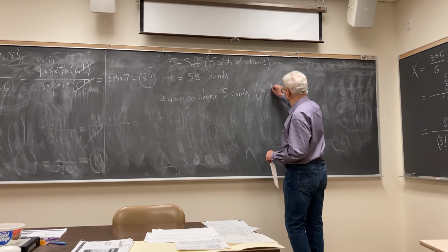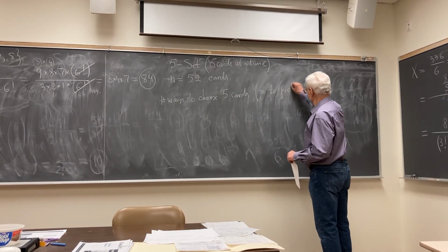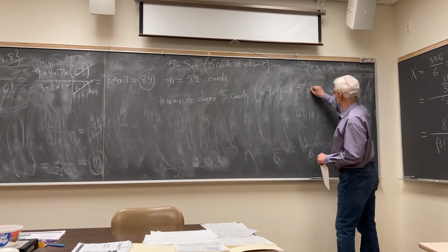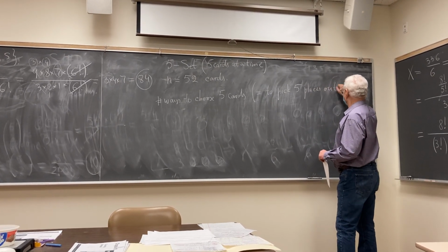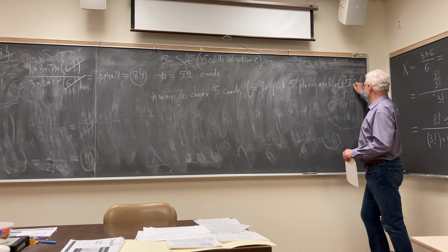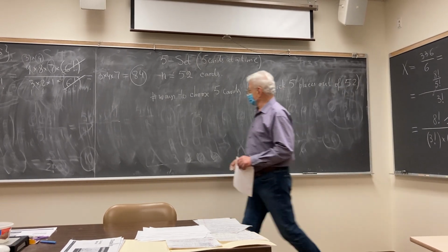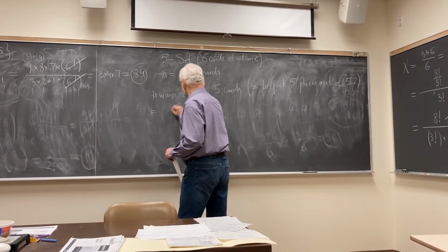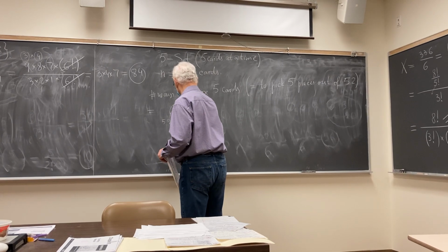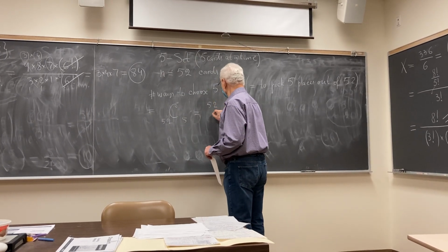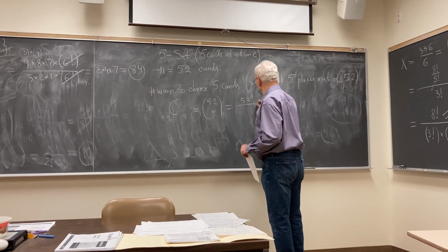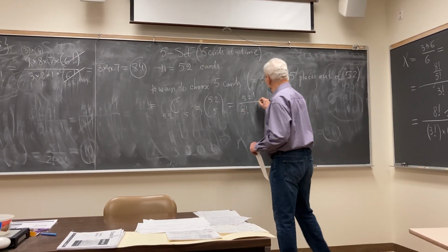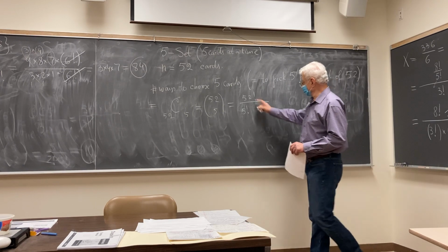This is the same as picking 5 places out of 52 total. You choose 5 of 52: 52 choose 5 equals 52 factorial over 5 factorial times (52 minus 5) factorial, which is 47 factorial.